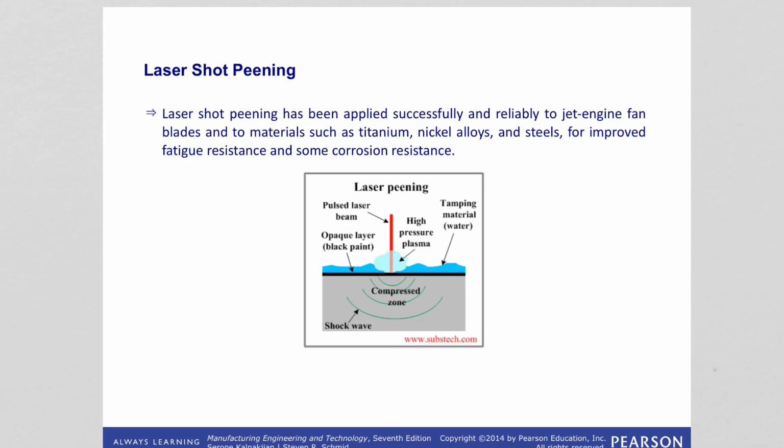The depth of the residual compression layer produced by laser peening is 4 or 5 times deeper than the compressed zone produced by shot peening. These compression stress regions inhibit crack initiation and propagation. Therefore, they increase the fatigue strength.